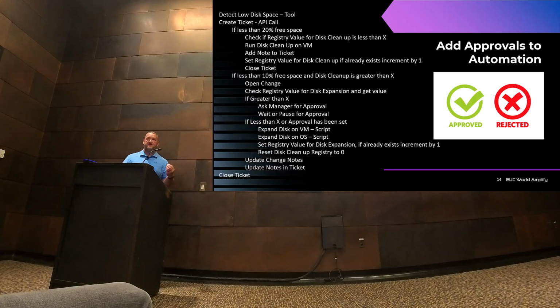So the disk is running out, your VM can still run. We run the disk expansion, the user uses it for a couple more weeks, and runs into the same problem again. Now this time, we need to ask a manager for approval.